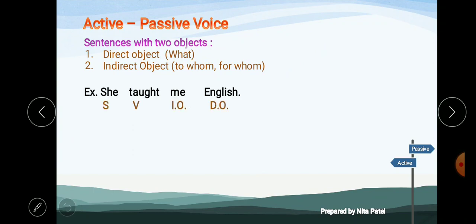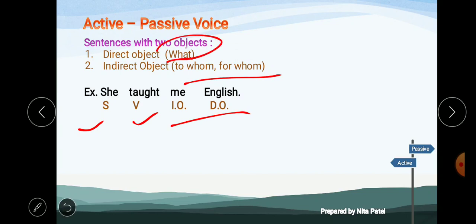She taught me English. Now look at this sentence. Here we have the subject, here we have the verb. I have already mentioned here indirect object and direct object, but with the help of these words, we'll get the direct object or indirect object. Let's see. She taught me English.